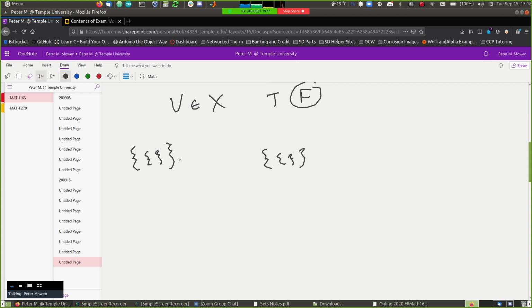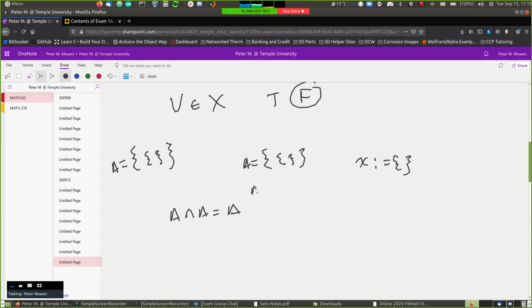Let's see here. This was A, and this is also A. So we would just have A intersect A, which should just be equal to A. Because we could redefine this and just say lowercase x is defined to be equal to the empty set.